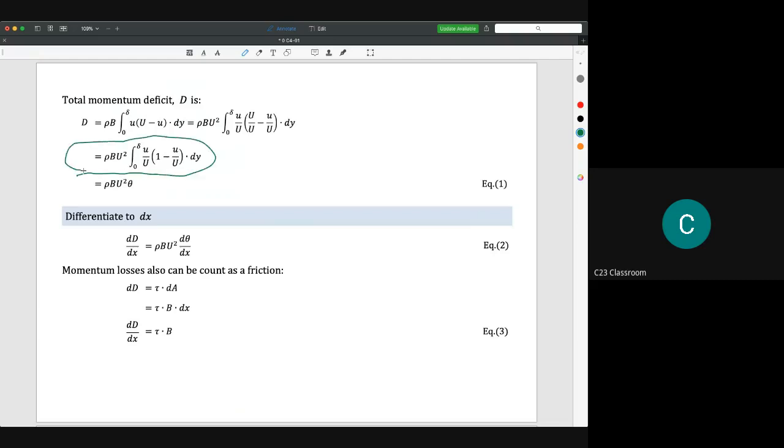From the previous calculation, we know that the integral from 0 to delta of u over U times (1 minus u over U) dy is equal to theta. And then we could simplify our terms, and it becomes this one.